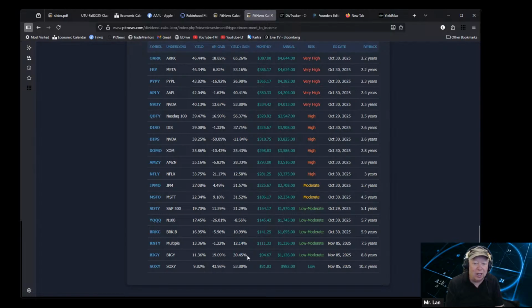But in the world of dividends, 10%, 12%, 30% is unreal money. That's huge. In this table, we look at the low to moderate ones and think, I don't want to invest in that, it only makes me 30%.